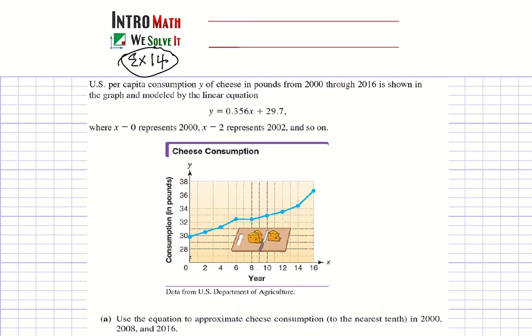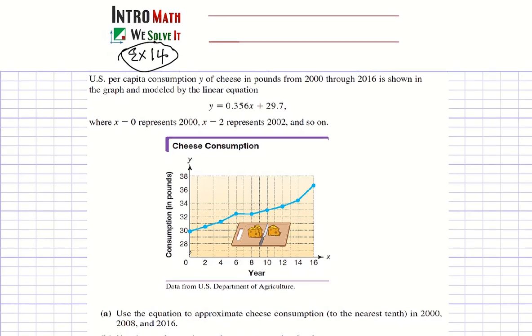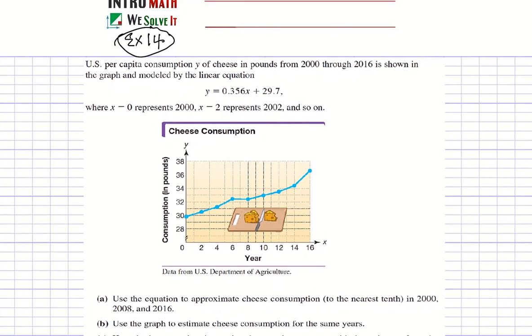Let's read that. It says U.S. per capita consumption of cheese in pounds from 2000 through 2016 is shown in the graph and modeled by the linear equation y equals 0.356x plus 29.7, where x equals 0 represents 2000, x equals 2 represents 2002, and so on.